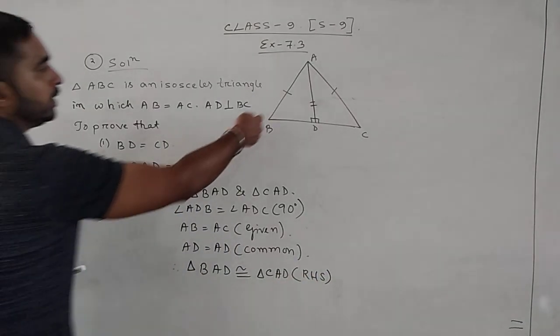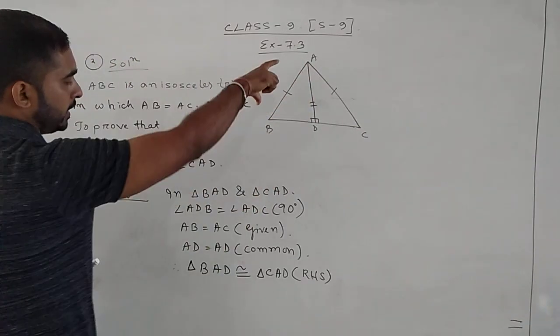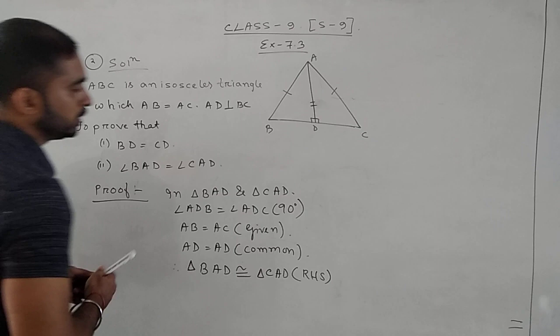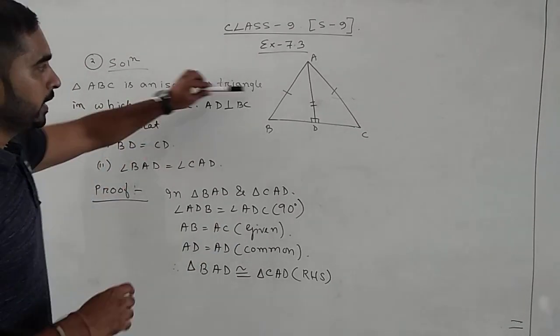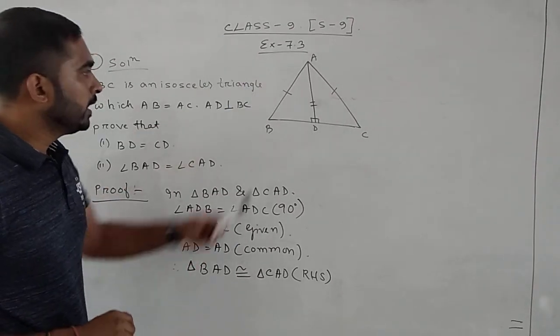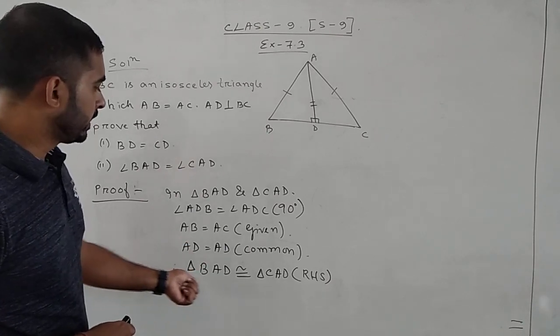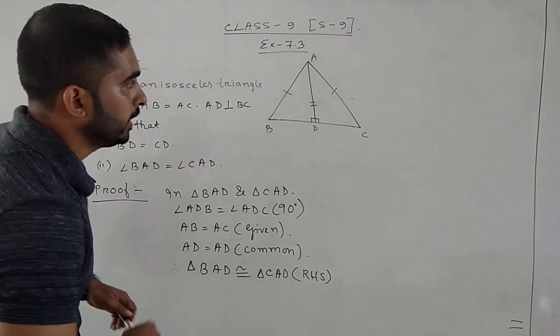So, in triangle BAD and triangle CAD, angle ADB equal angle ADC, both are 90 degrees. Then AB equal to AC, which is given, and AD equal to AD, which is common in both the triangles. Therefore, triangle BAD congruent triangle CAD by RHS.